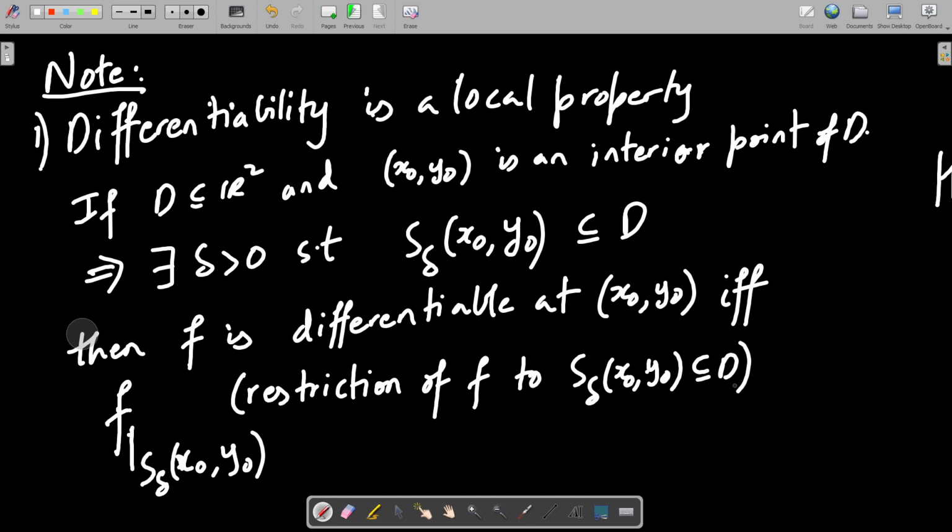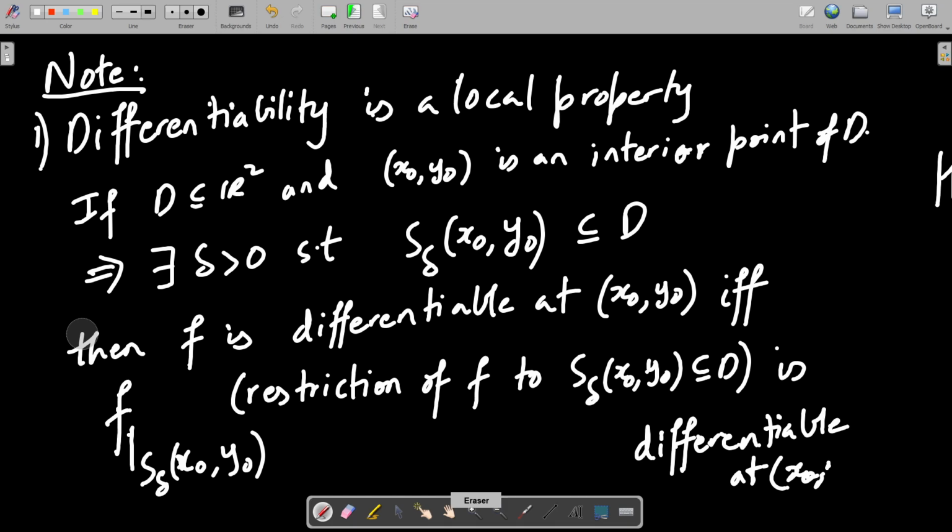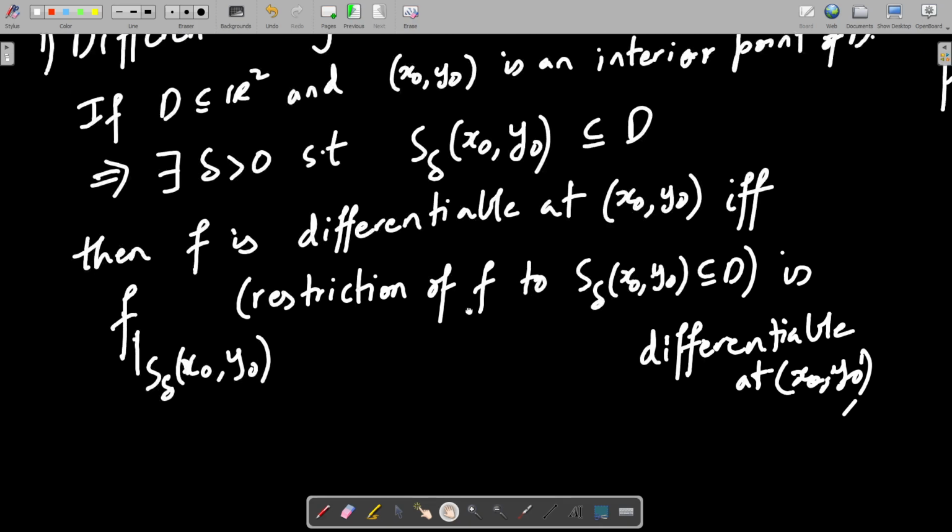If and only if this restriction function is differentiable at (x0, y0). The original function is differentiable if and only if the restricted function is differentiable. But what's the use of this restricted function being differentiable?